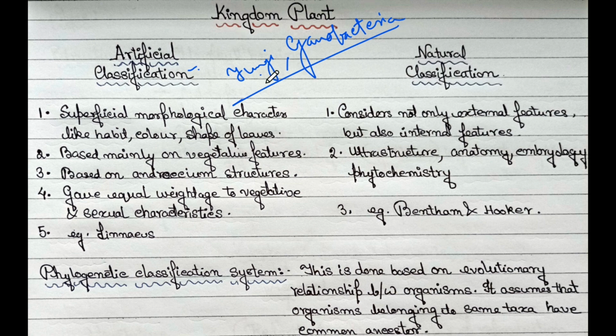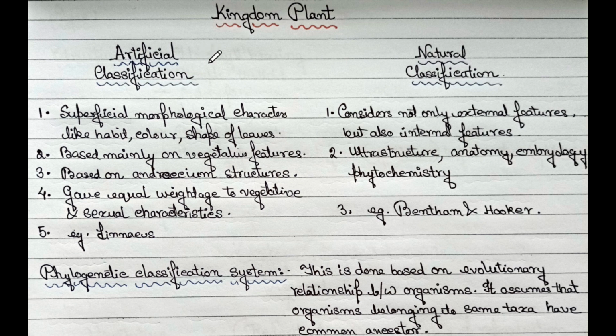But this new form of classification comes under natural classification. So let us first understand briefly the differences between artificial classification and natural classification. And mind it, students, this is important for your exam.